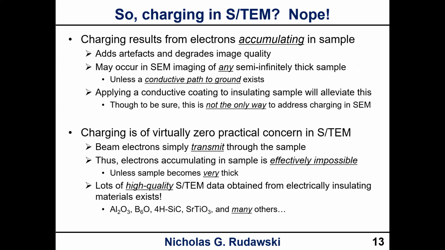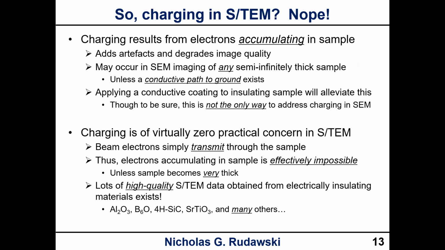But just to go back, the reason is we get charging because of electrons accumulating. Electrons have to accumulate. And we saw how in the case of samples usually used in SEM, how these can be detrimental. We get artifacts and we get a degradation in the image quality. And this can happen in SEM, not just in insulating samples, but any samples that do not have proper grounding as well.